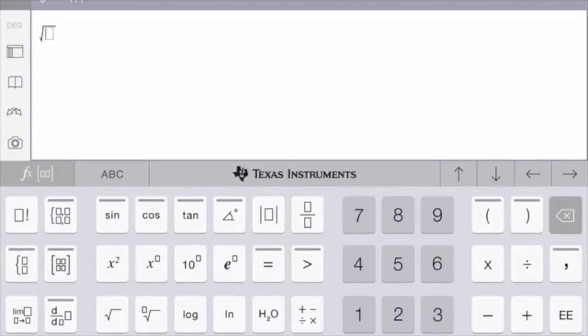Square root 10 squared plus 9 squared minus 2 times 10 times 9.